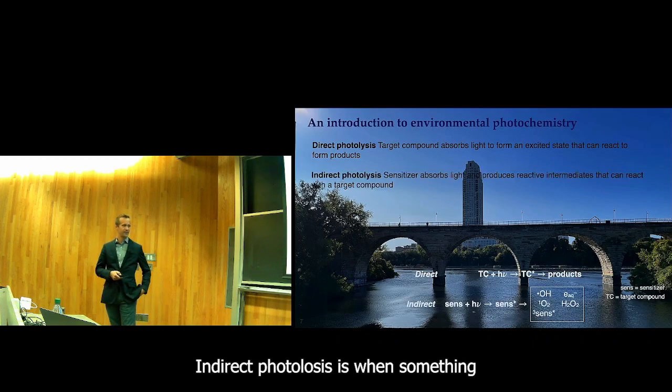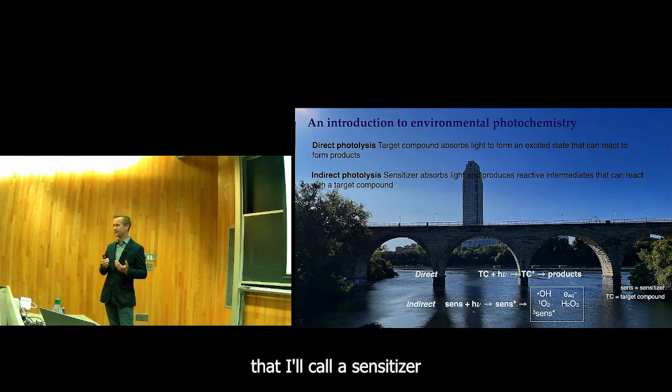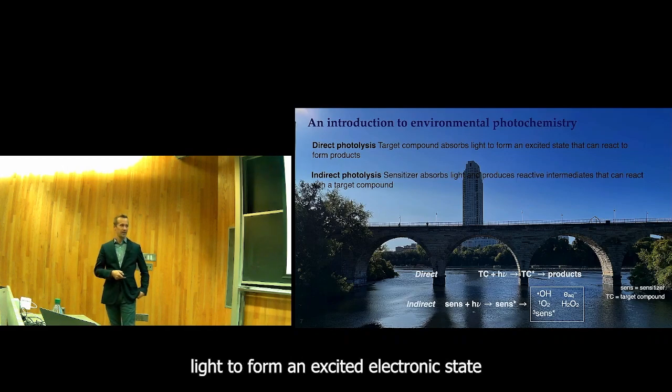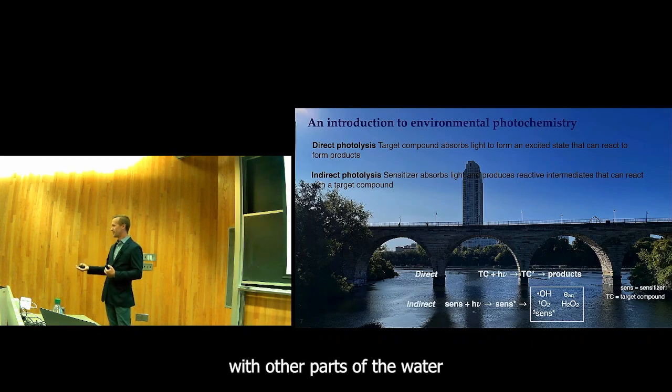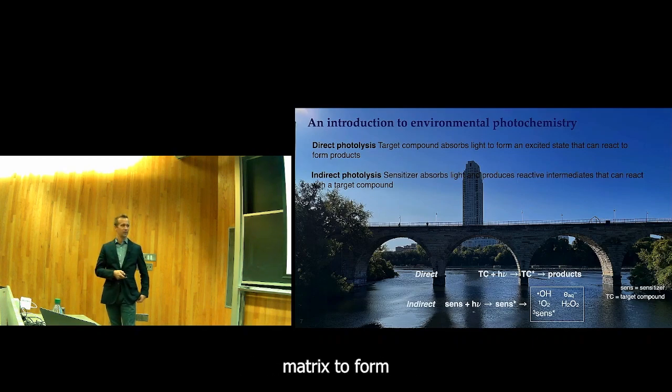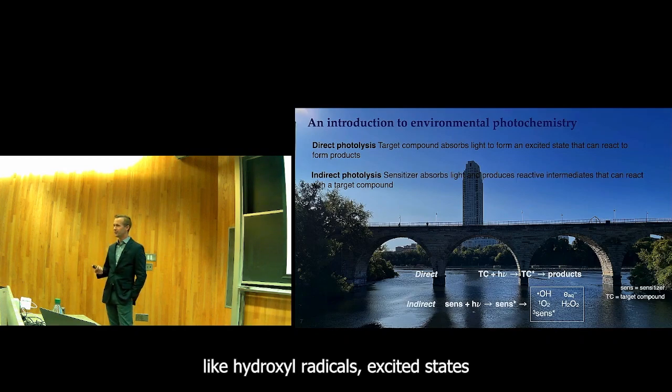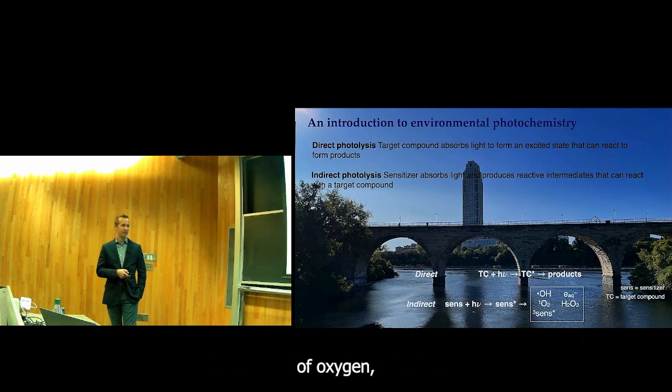Indirect photolysis is when something that I'll call a sensitizer absorbs light to form an excited electronic state, just like this. But then the excited state sensitizer either decomposes or interacts with other parts of the water matrix to form reactive transient species like hydroxyl radicals, excited states of oxygen, and triplet excited states as well.